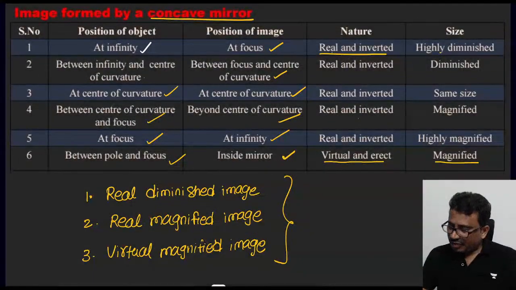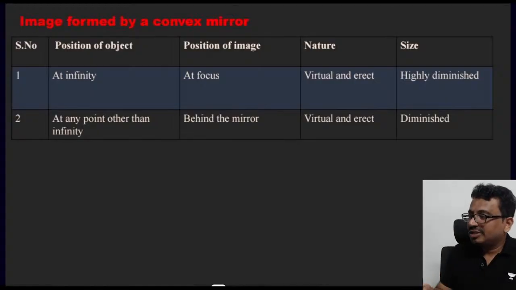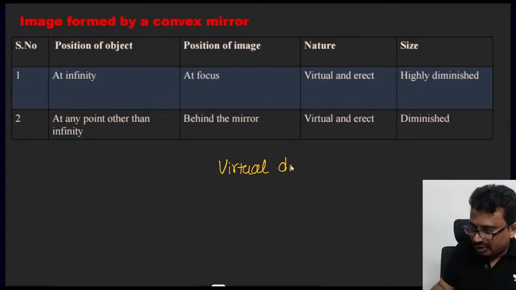But the convex mirror can do that. The convex mirror can form the virtual diminished image. The convex mirror can form what type of image? Virtual diminished image.